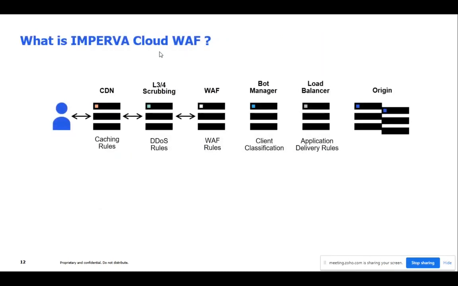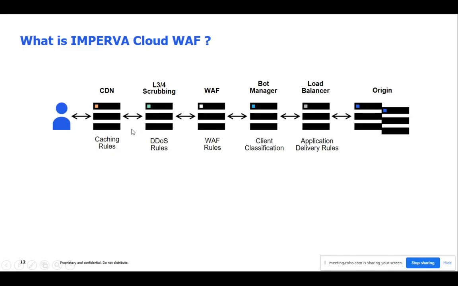So let's try to understand the traditional approach which WAF solutions normally used to follow. Whenever a user wanted to access a target application, let's say www.imperva.com, with the traditional approach of WAF, they normally hit the caching server, which claims to accelerate the delivery.